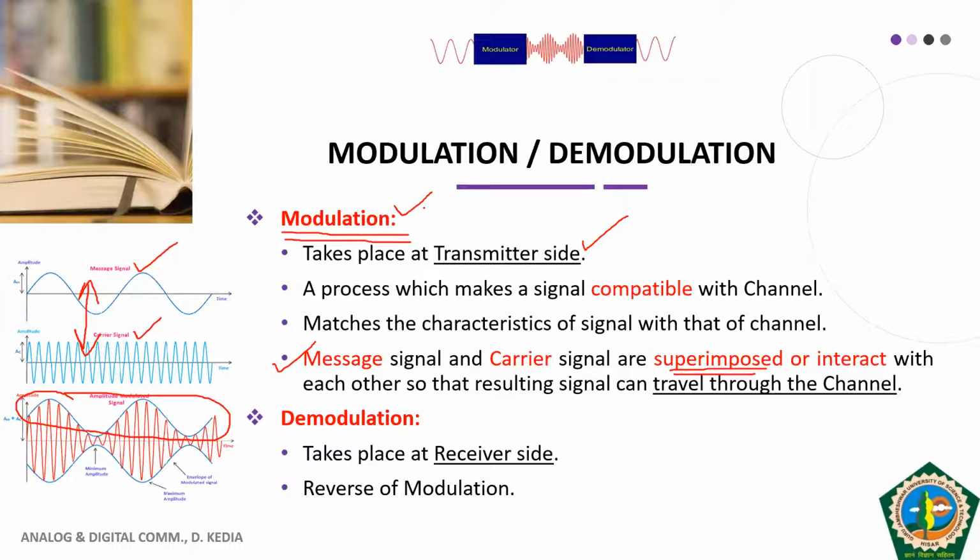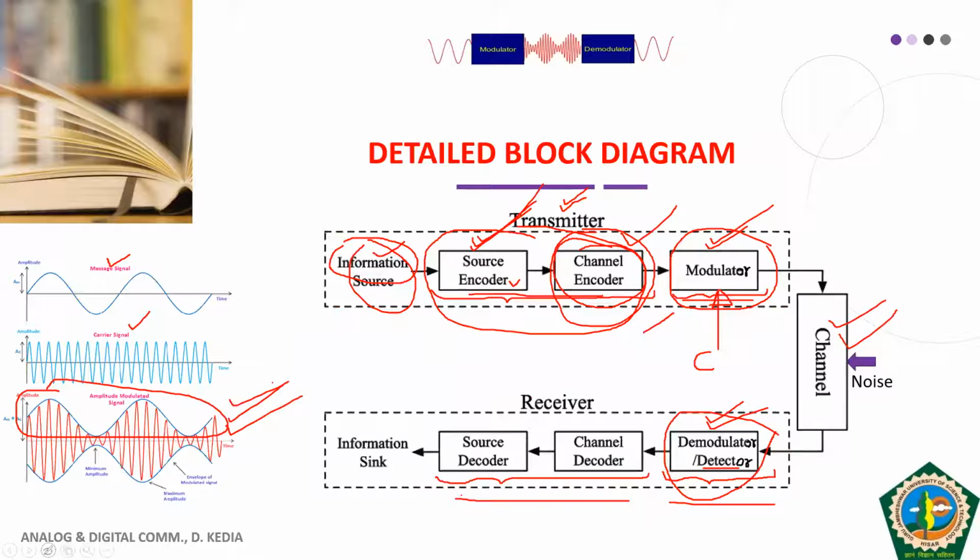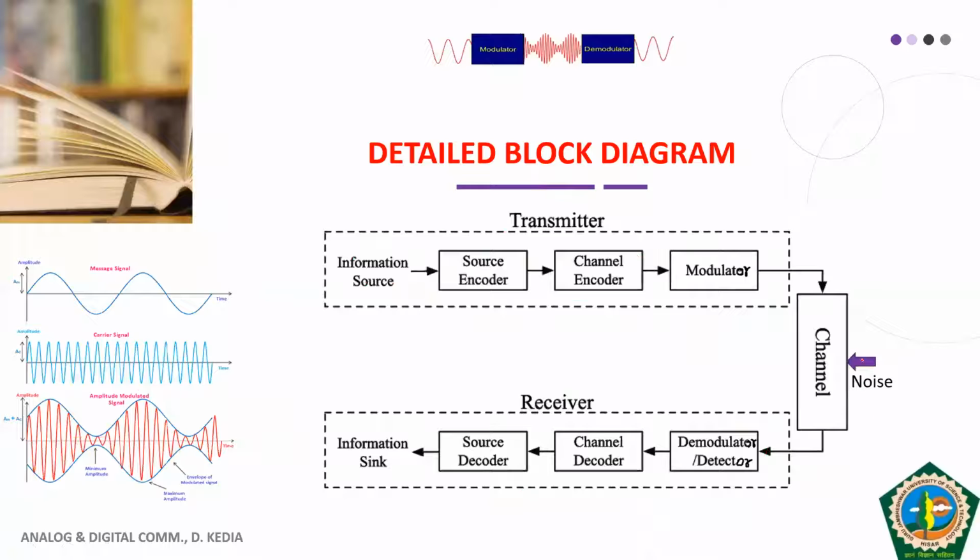And as I told you in the previous slide as well, unless you make yourself compatible with the channel. See students, again and again, I'm trying to highlight this thing: the channel through which you want to travel, the characteristic of this channel and the characteristic of the signal that you are launching into the channel, that must match. As I explained in the previous class also, if you have prepared yourself for aeroplane, you cannot travel via car.